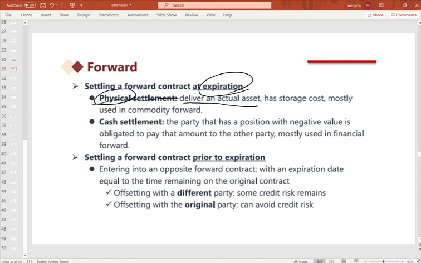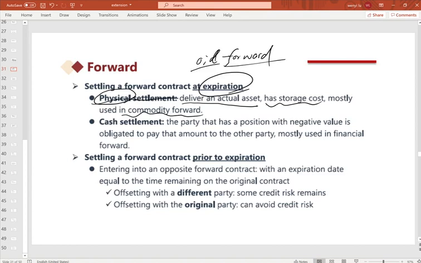For example, if I purchase an oil forward contract, you will receive the oil from the dealer, from the counterparty. If you receive these commercial goods, you must have inventory, and you have a storage cost in a warehouse. This is most likely used in commodity forwards.